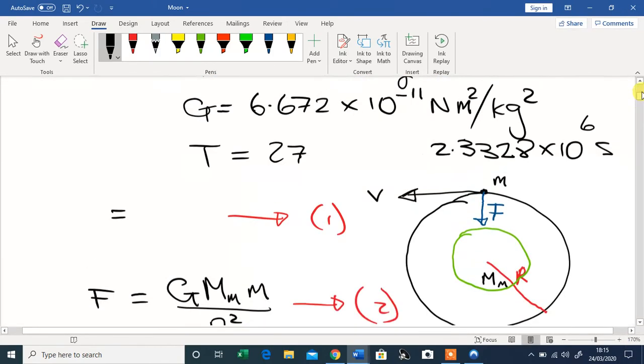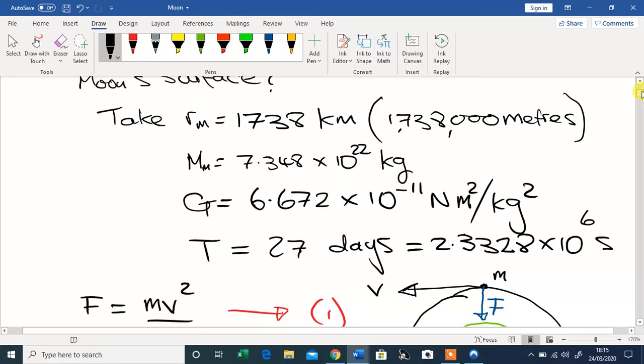But we need to use the radius of the moon now because we need to answer the question.